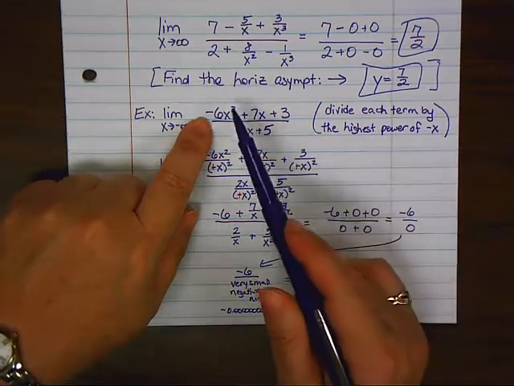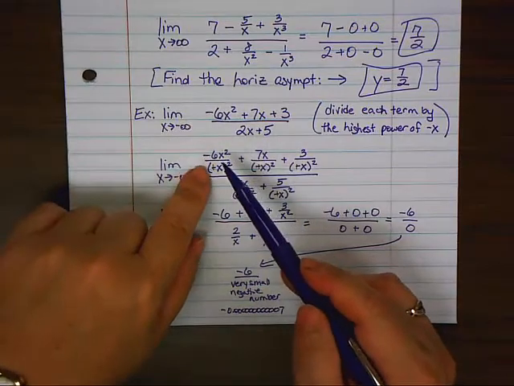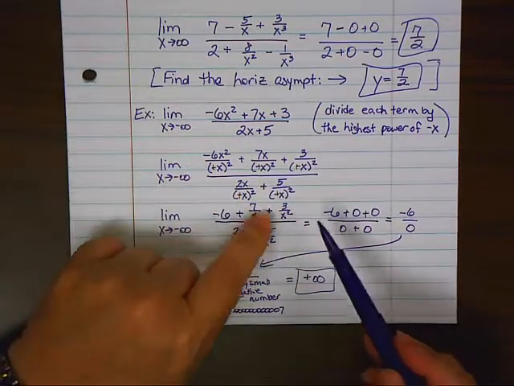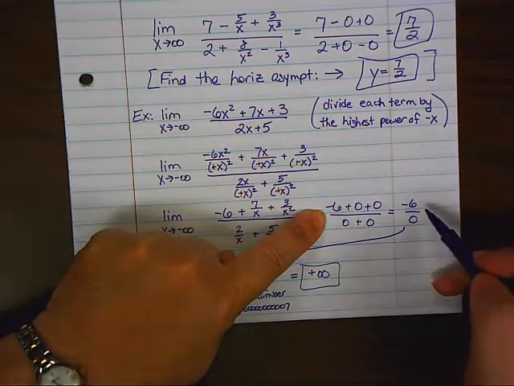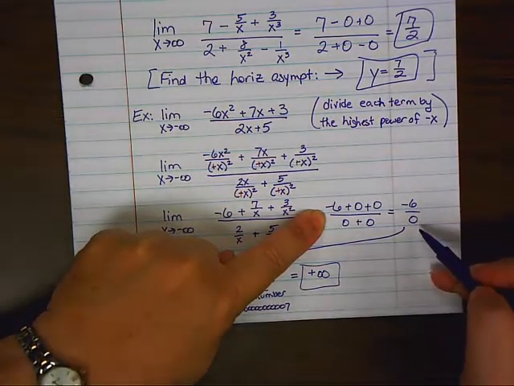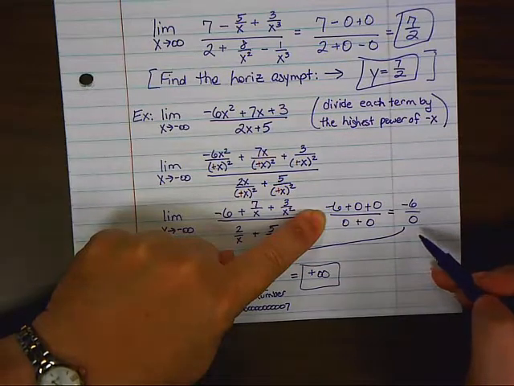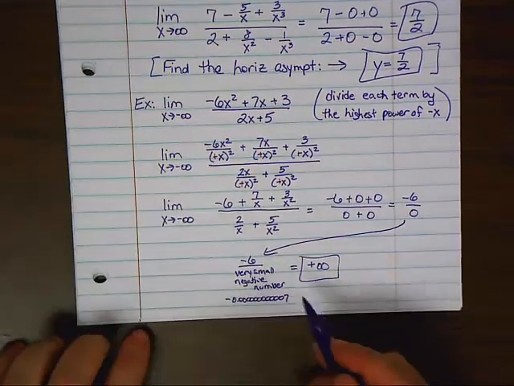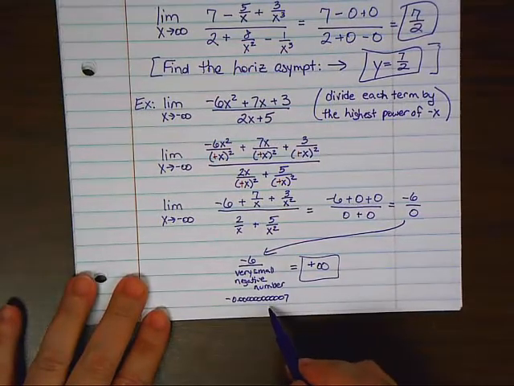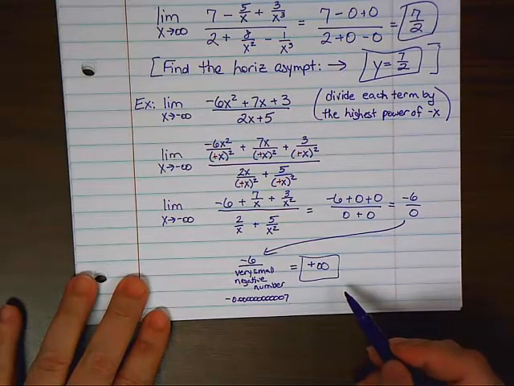If this was a positive 6 here, everything else would be the same. Do you agree with me? So that would be a positive 6 over 0 for a limit. How would it change the answer? It'd be a negative, exactly, because you'd have a positive over a negative, which is a negative infinity.